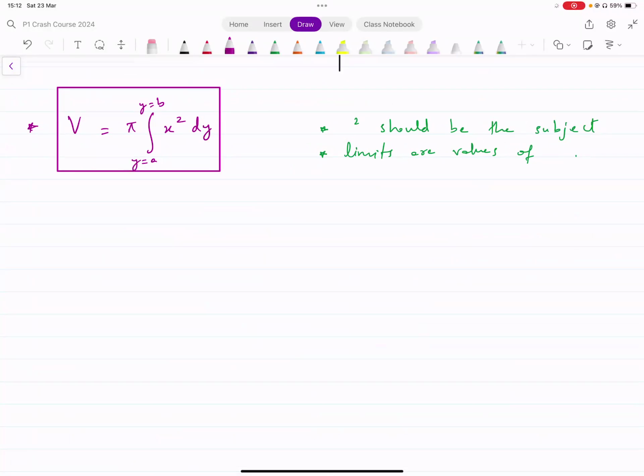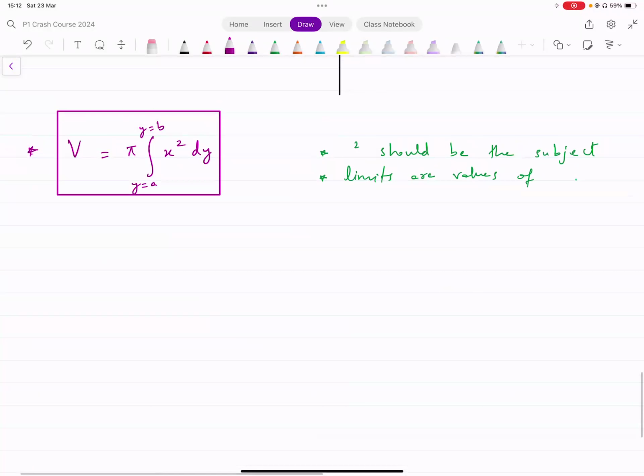So when you want to find volume of revolution about the y-axis, the subject has to be x squared. So you need to make x squared the subject first. And limits are supposed to be values of y.